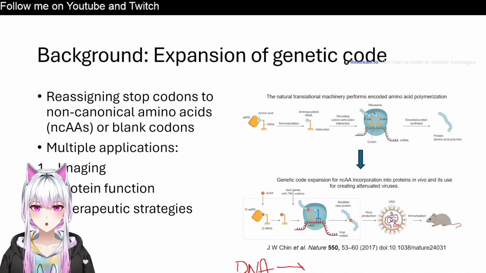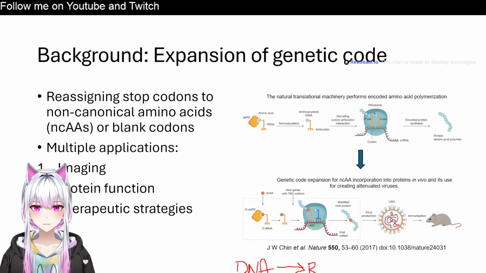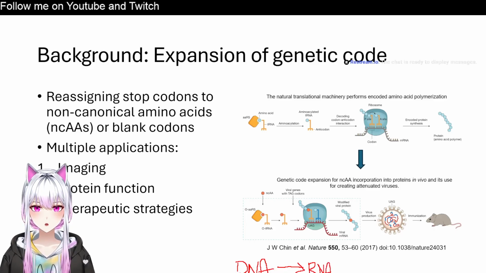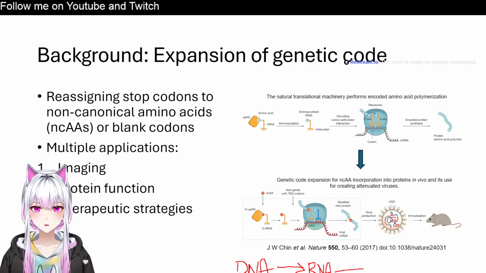Then after DNA, it doesn't go straight to a protein. It goes through an intermediary, what we call RNA. It's like a copy of your DNA, but slightly different. And your body requires this RNA to be read to then be expressed as protein, right? So how does the RNA get read into the protein?